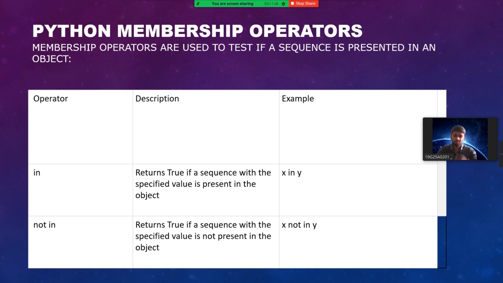Coming to the not in operator, it returns true if a sequence with the specified value is not present in the object, like x not in y, where x is a variable and x is not in the y variable. Like that, the not in operator is used in Python membership operators.